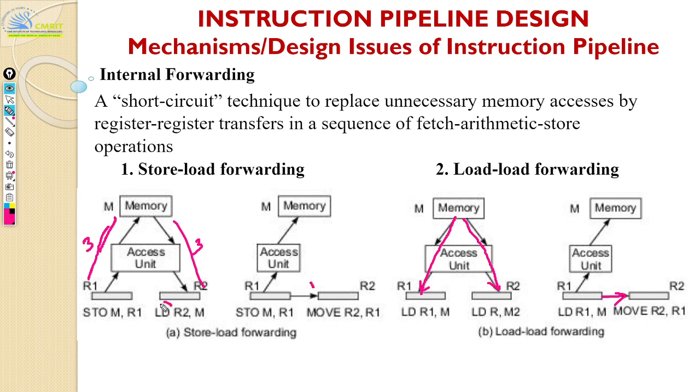For this load, previously it would have taken 6 cycles. It has to wait 6 cycles for the data to be available, but here you can do it in 1 cycle. And similarly for this load, previously it was taking 3, but now you just have to do it in 1 cycle.